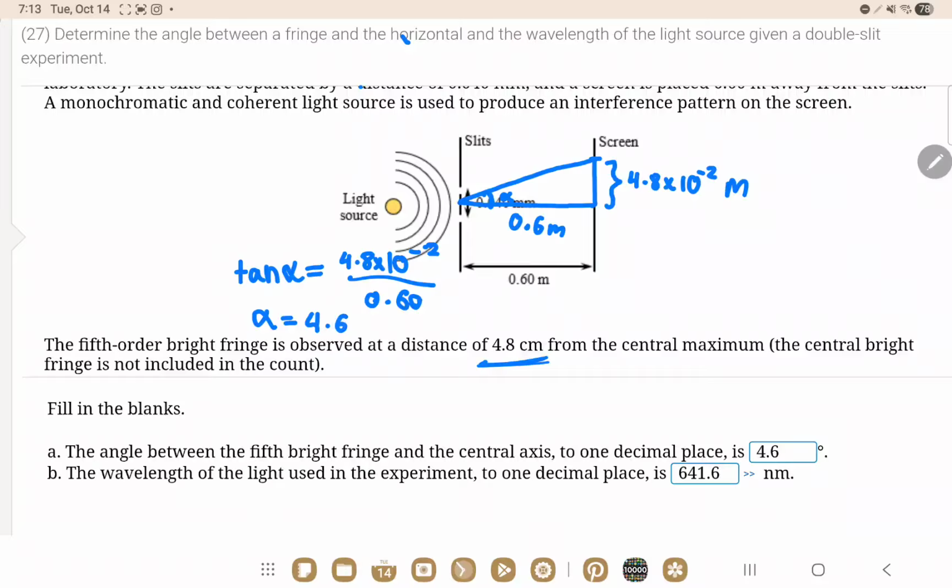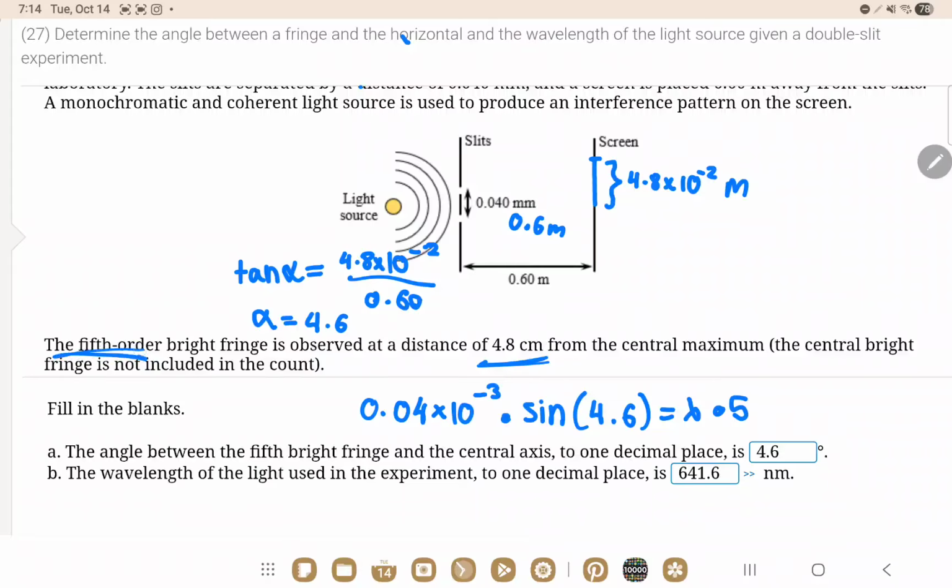Now, to get the wavelength of the light, you're just gonna do the distance between the slits, which is given to be 0.040 times 10 power negative 3, because you need it in meters, times sine of the angle, which is sine of 4.6, equals the wavelength, which we are trying to find, times 5, because it is the fifth order bright fringe. And then you should get an answer like this. Moving on to our next question.